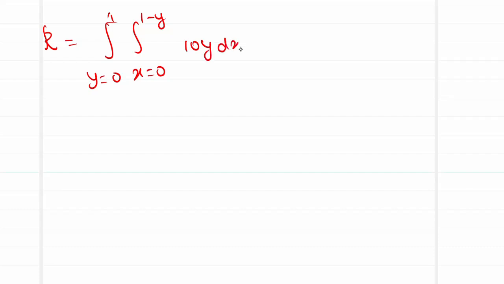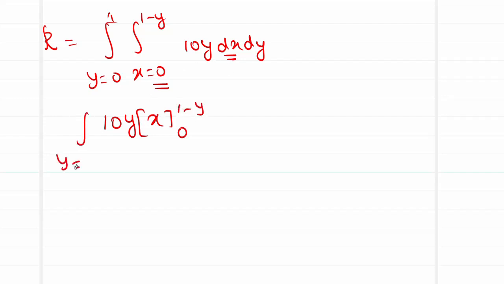So the region integration over R is nothing but the integral with y varying from 0 to 1 and x varying from 0 to 1 minus y, of 10y dx dy. Since the integration is first carried out with respect to x, 10y remains a constant. The integral of dx gives x, and the limits applied are 0 to 1 minus y.